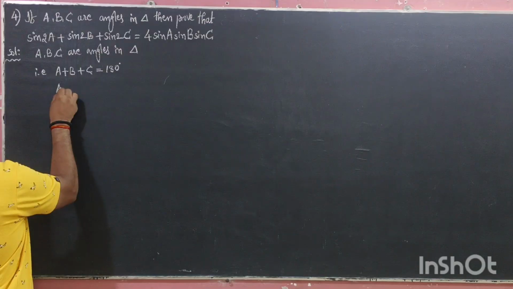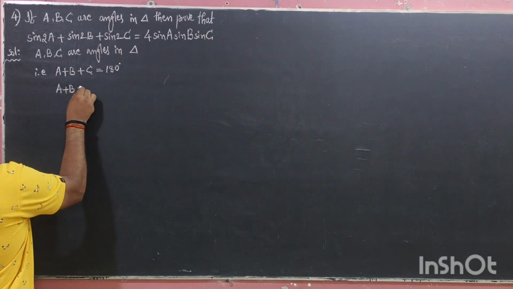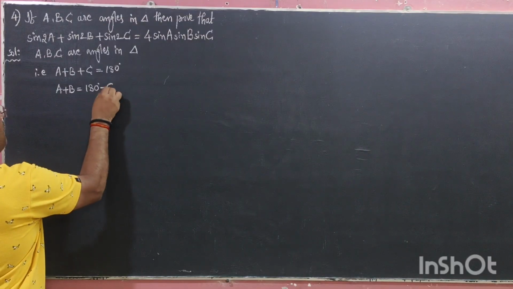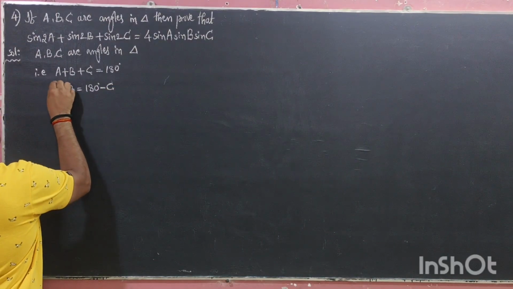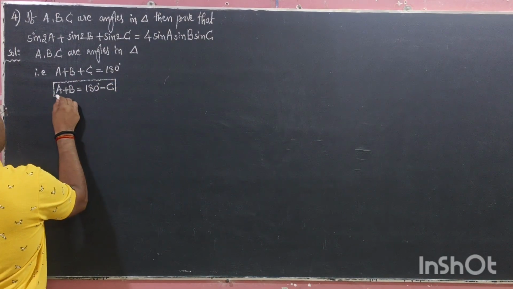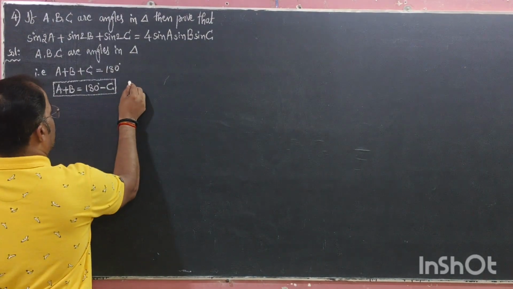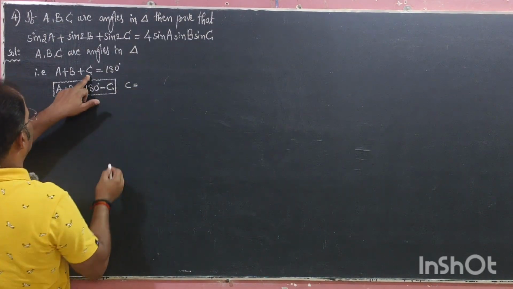From this we can write A plus B equals 180 degrees minus C. In this problem we can substitute the A plus B value as 180 minus C degrees.